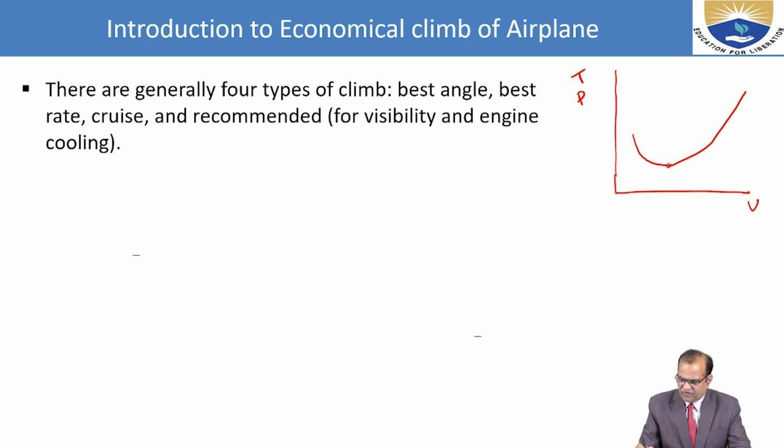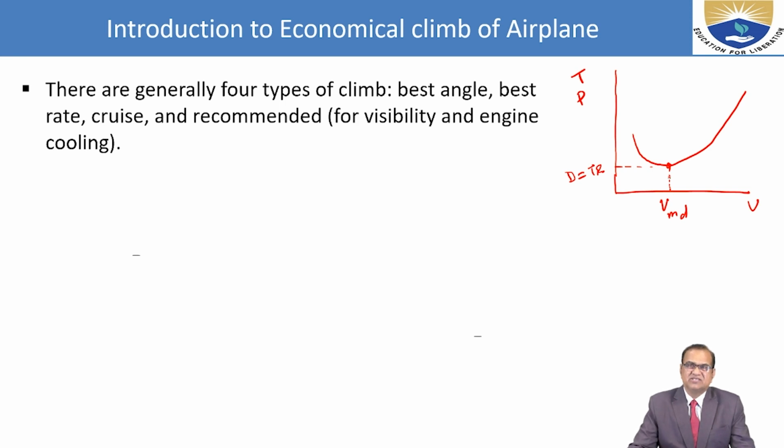If you are flying at the minimum drag velocity, it is the TR, and here we have the drag. So if you are flying your aircraft at this velocity, that is V at minimum drag, this is the velocity at which, if you fly, your thrust required is minimum. So you can use this as the most economical velocity.